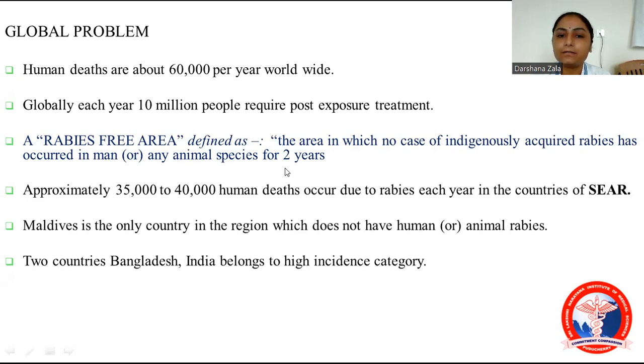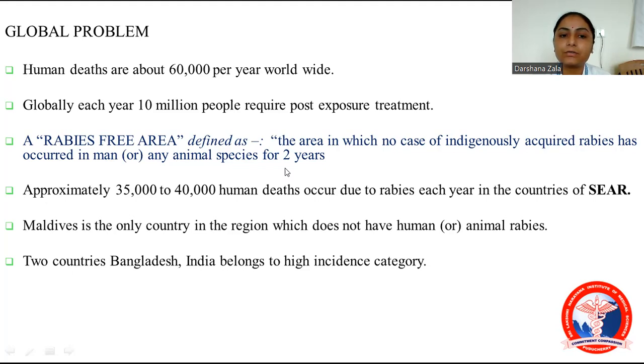It is defined as an area in which no case of indigenously acquired rabies has occurred in man or any animal species for 2 years. So the area which is not reporting any single case of rabies for a minimum duration of 2 years, we label it as a rabies-free area.